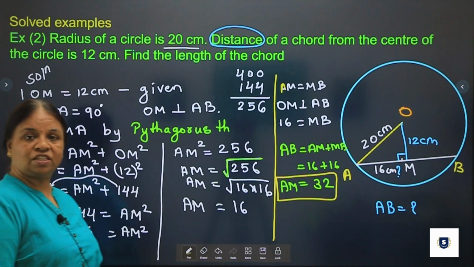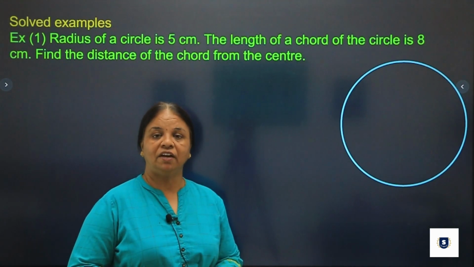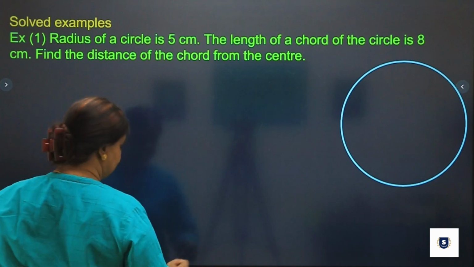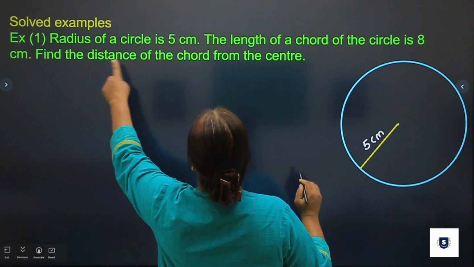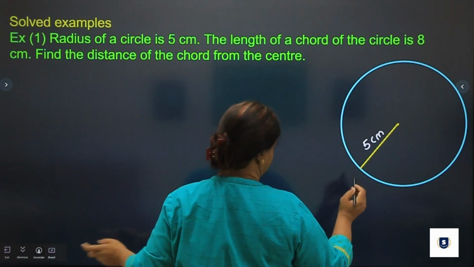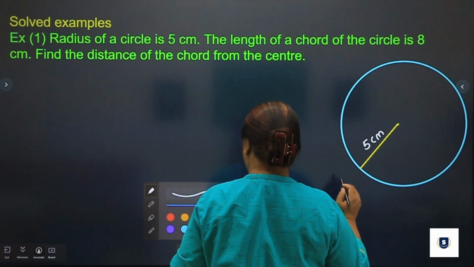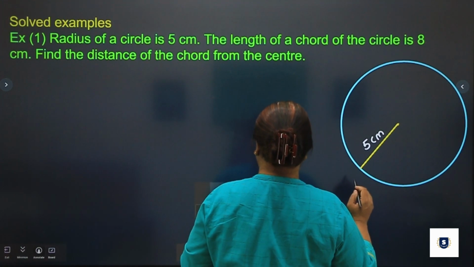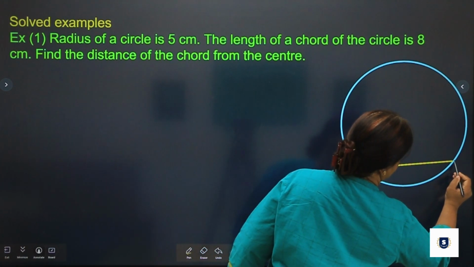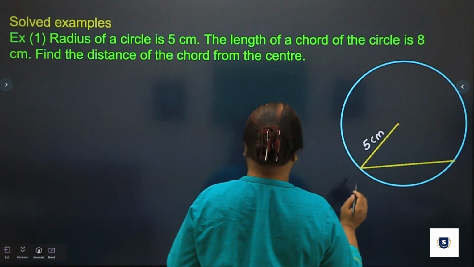Let us move to the next question, children. Example 1. Radius of a circle is 5 centimeter. The length of the chord of the circle is 8 centimeter. If a chord is drawn, that chord length is 8 centimeter.